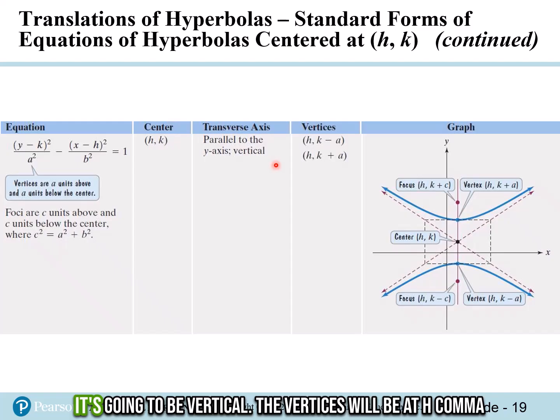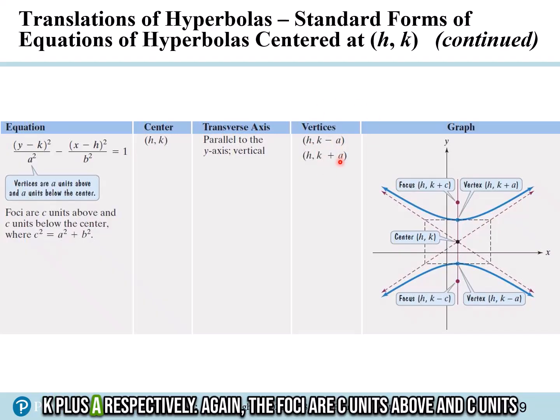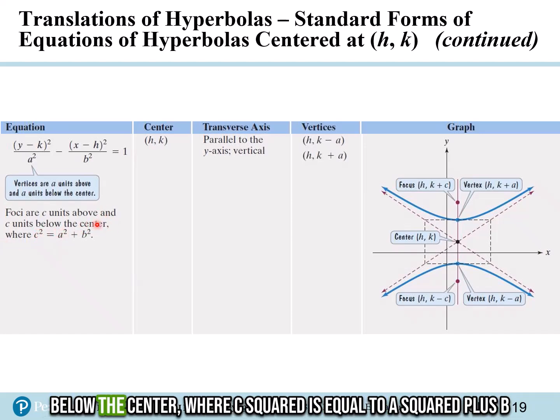In other words, it's going to be vertical. The vertices will be at h comma k minus a and h comma k plus a respectively. Again, the foci are c units above and c units below the center, where c squared is equal to a squared plus b squared.